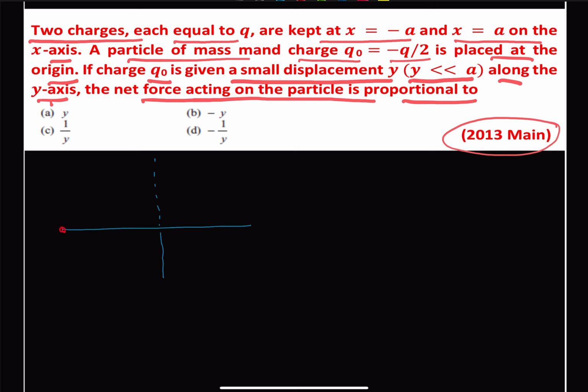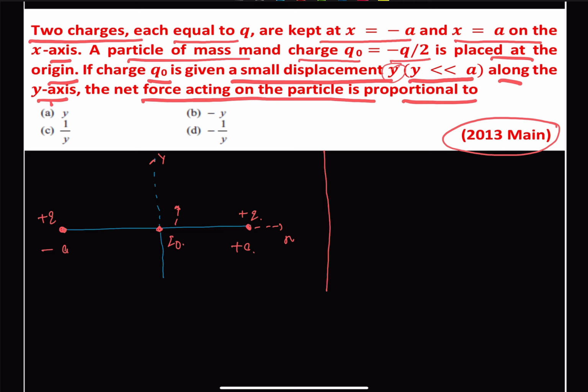So this is our minus a, this is plus a, the charge is plus q here and here also plus q, and q naught is kept at the origin, and this is our y-axis, this is our x-axis. And the second part, this q naught is moved slightly upward by a distance of y.